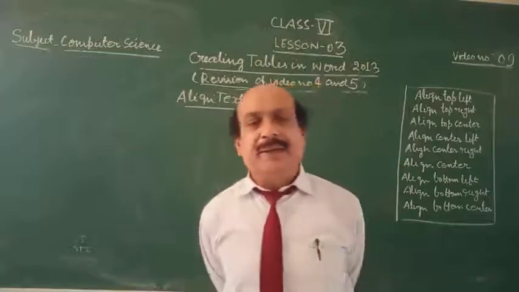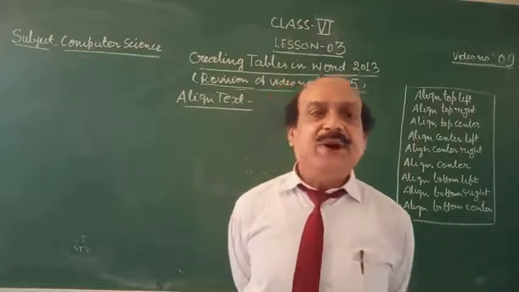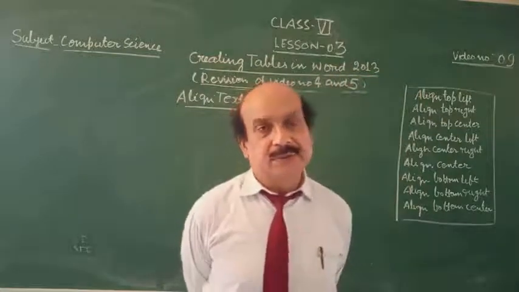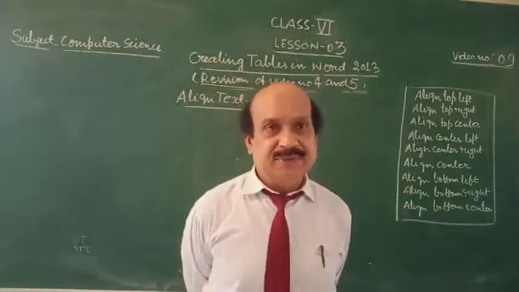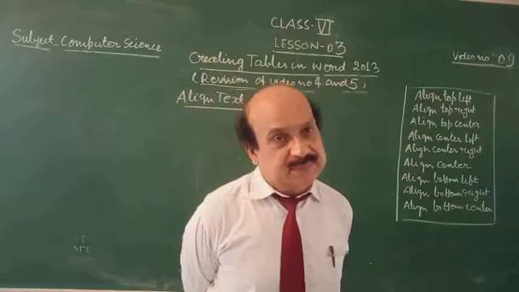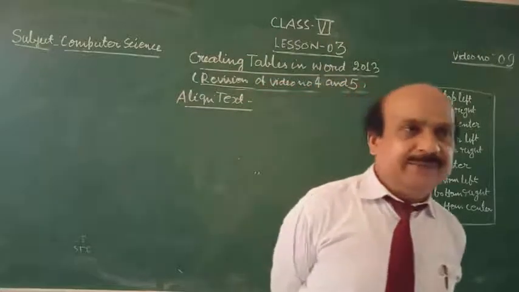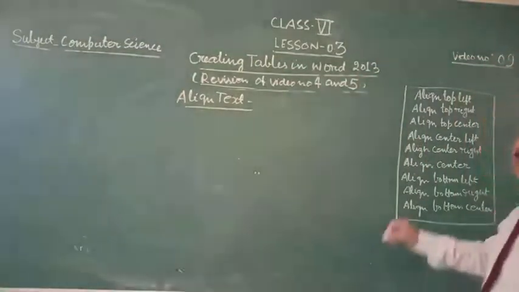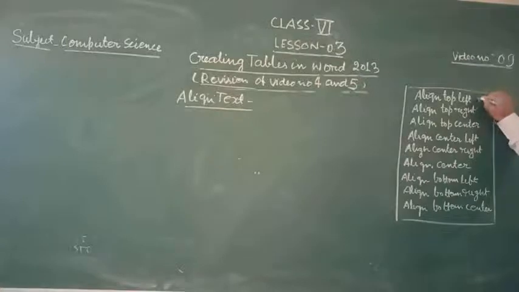Students, there are 9 alignment options available in Word 2013. What are they? See the right hand side, my right hand side. First: align top left, align top right, align top center.